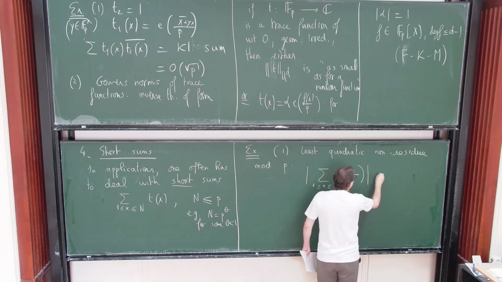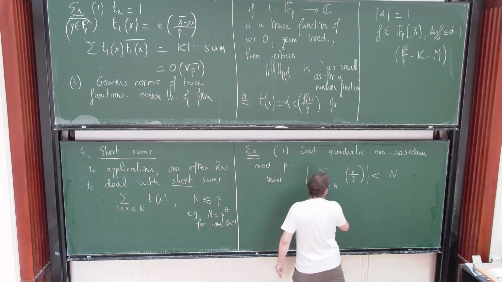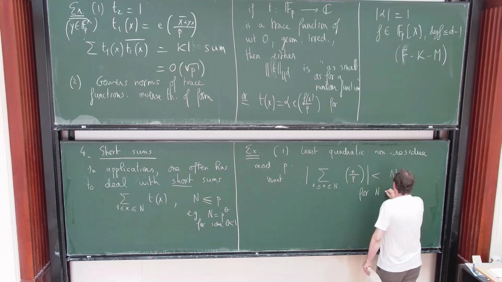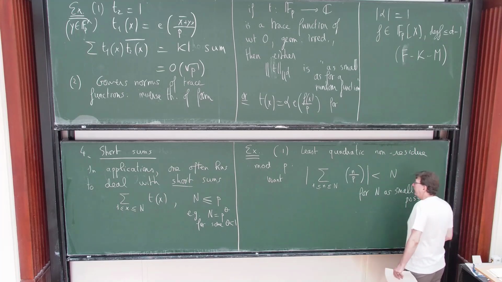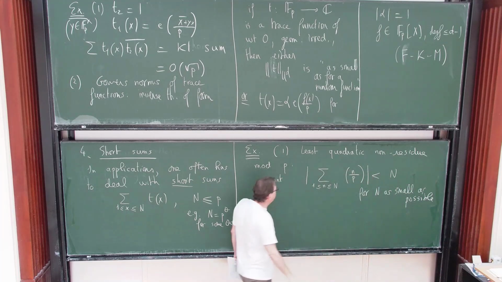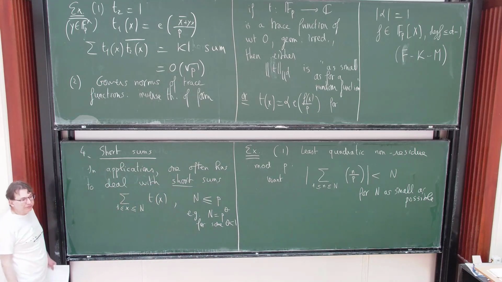And you want this to be strictly less than n for n as small as possible. And it's conjectured that this should be true when n is an arbitrary fixed positive power of p, but we are very, very far from that.